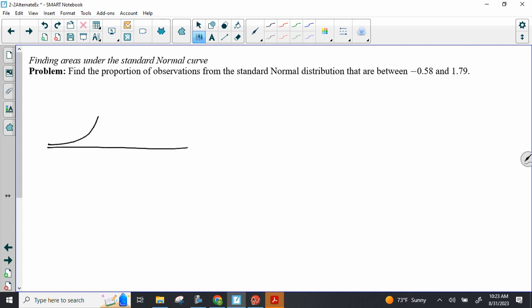Remember, 0 is my mean. 1, -1, -2, -3. Not very good scaling here, guys. Sorry. So what area are we talking about? We're talking about between -0.58, somewhere around there, and 1.79, somewhere around there. So this is the area we're looking for. Remember, a standard normal distribution can be defined with a mean 0, standard deviation 1.